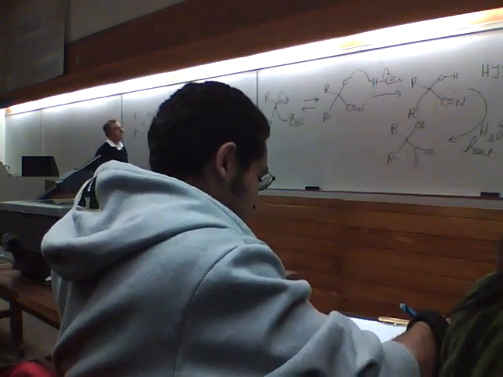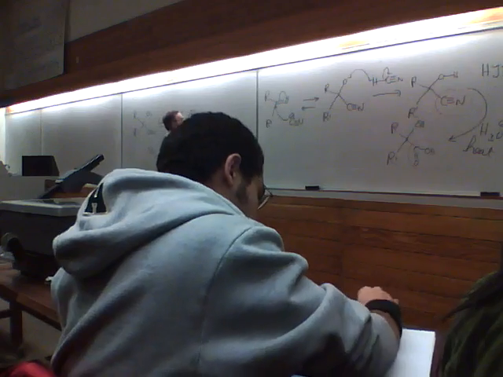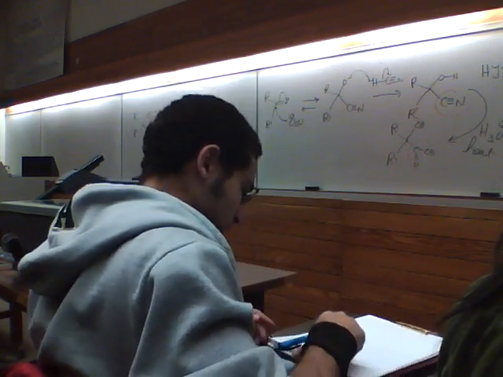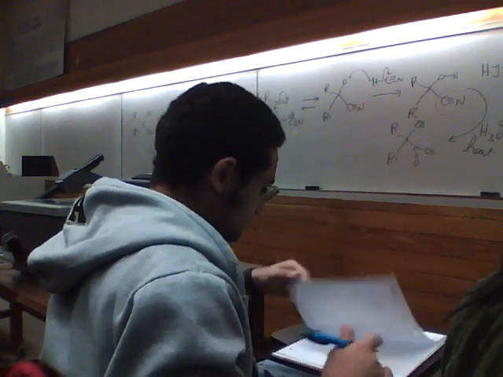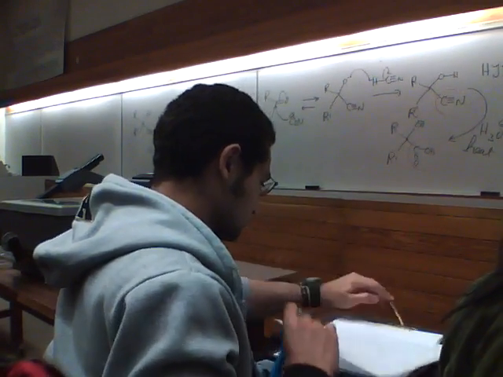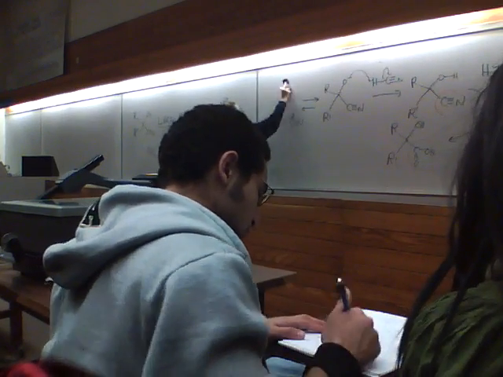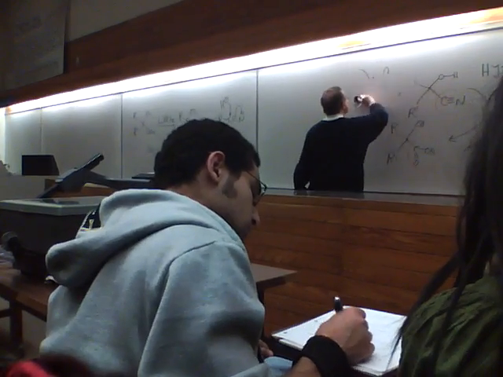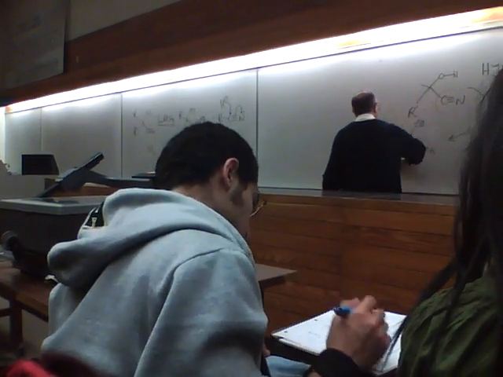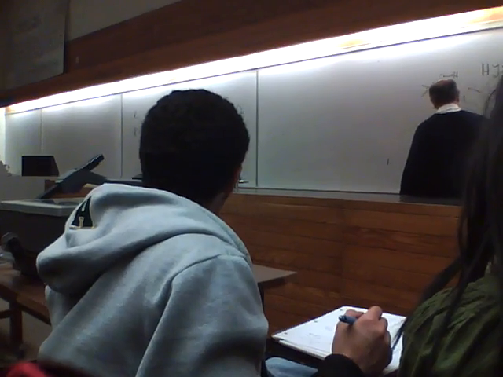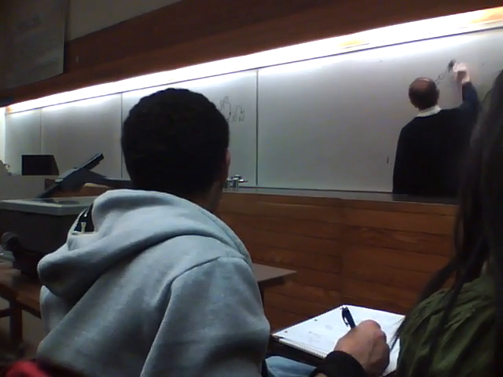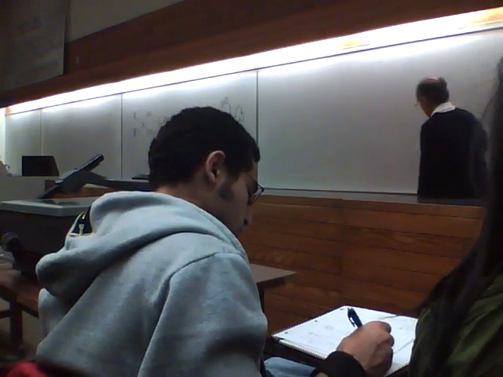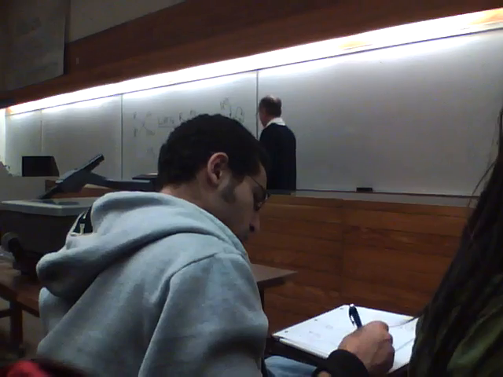And the way that it works, you can probably work out for yourself how this happens, because you know from a previous lecture that lithium aluminum hydride behaves like a source of hydride ions. And just as with a carbonyl group, in which the double bond is polarized so that there's a buildup of negative charge on the oxygen and a deficit of electronic charge on the carbon, the same thing happens here.